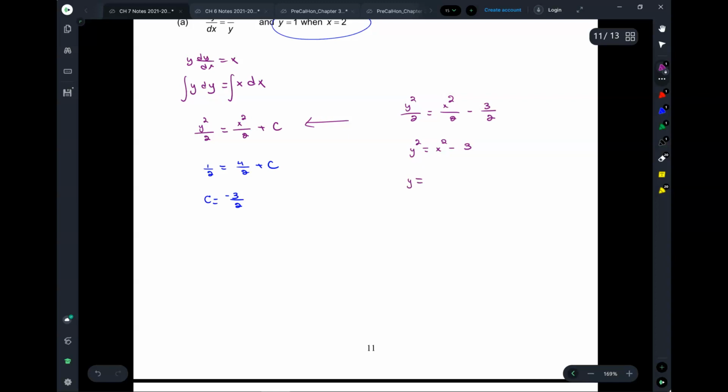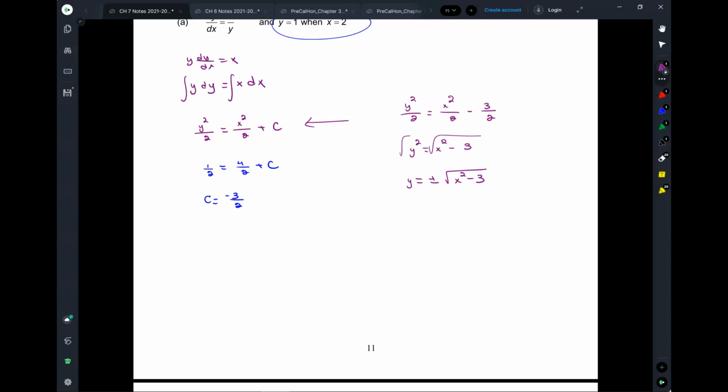Y, when you take a square root, is plus or minus the square root of x squared minus 3. But now we have a little bit of a situation because we have two solutions for y. So the question is, are both of them okay, or are we just supposed to choose one of them? Because our solution has to satisfy the initial condition. When x is 2, y should only be positive 1, not negative 1.